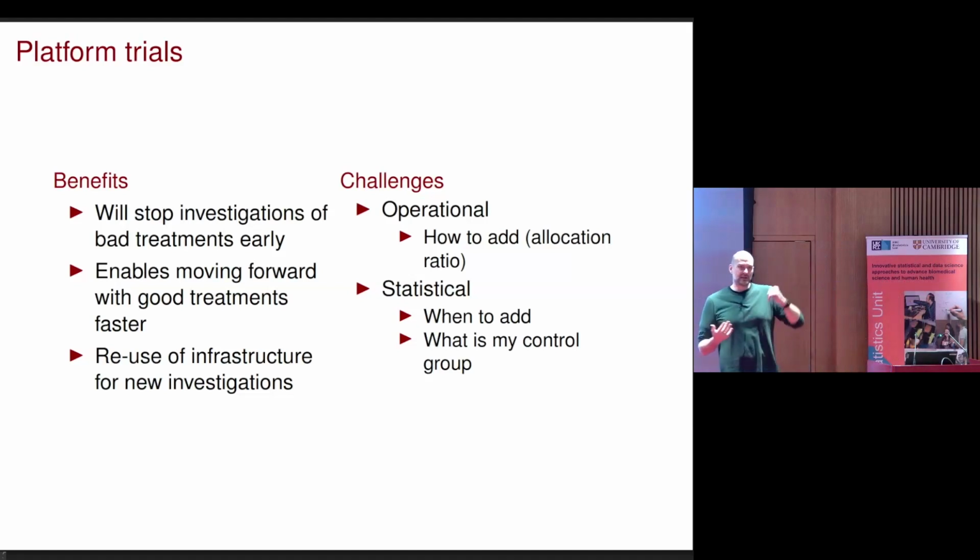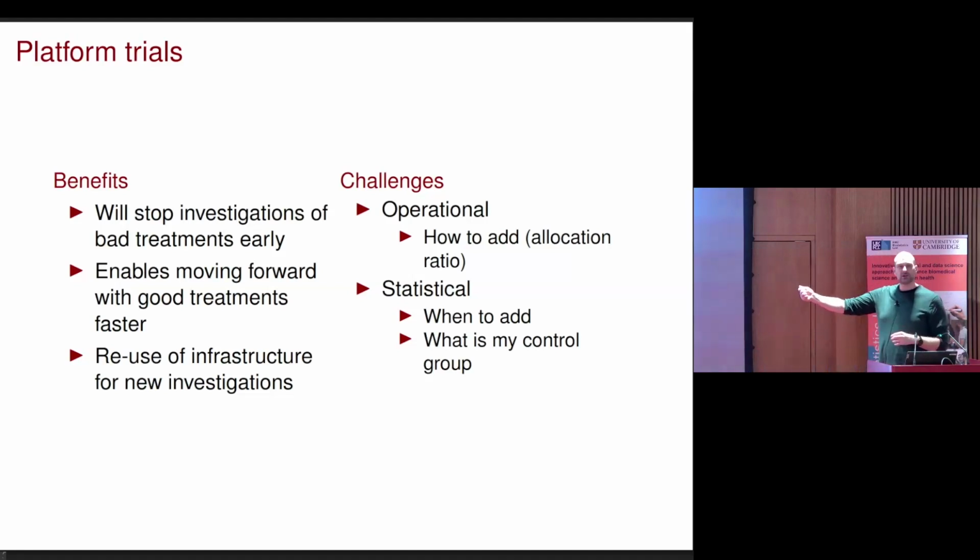I started off with standard of care versus my 4 treatments. But what do I do once I have a new treatment that has been shown to be better? I'm changing. Do I change my control group? Or do I answer a question that might not be fully relevant anymore by comparing to an old standard of care? So lots of ongoing questions and quite a lot of active research in this area.